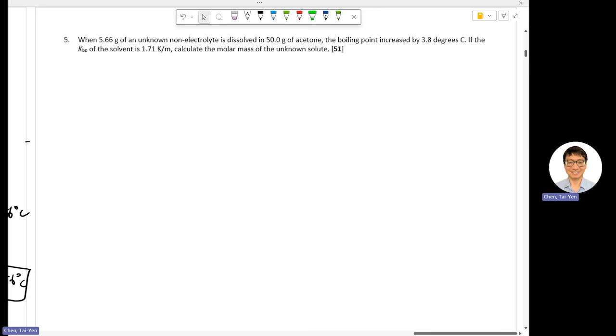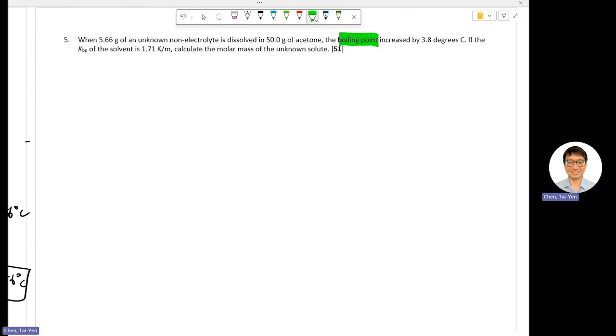Question number 5. When 5.6 gram of unknown non-electrolyte is dissolved in 50 gram of acetone, the boiling point increased by 3.8 degrees. If the Kb is given, calculate the molar mass of this unknown solute. What's the keyword? Boiling point.